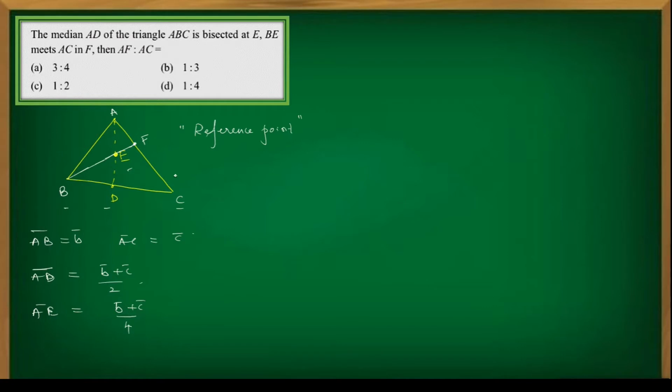Now what do I suppose here? BF is divided by E in the ratio say mu is to 1. E divides BF in the ratio mu is to 1. So mu is to 1 if I suppose.